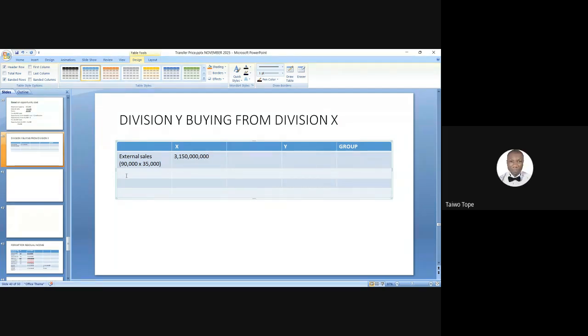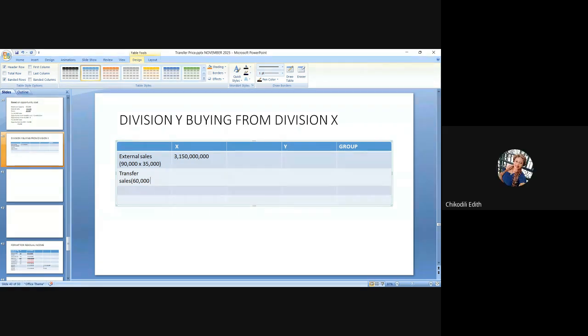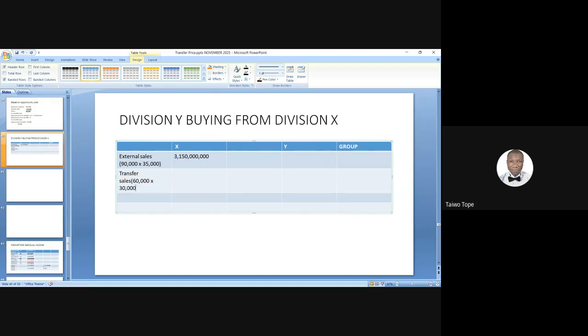Now, what will be the internal sales, or transfer sales? The transfer sales will be 60,000 tires multiplied by what price? 30,000. Go and check that question; you see 30,000.